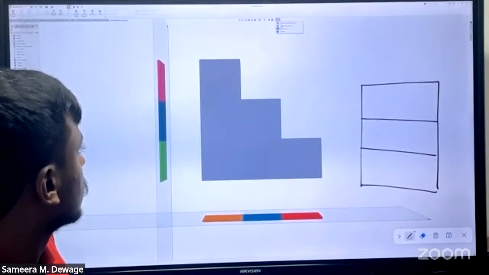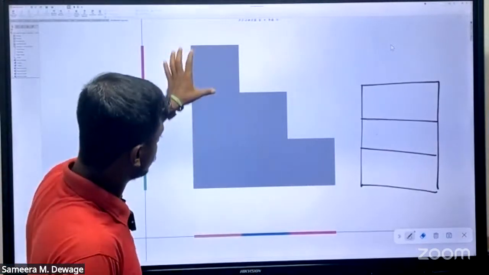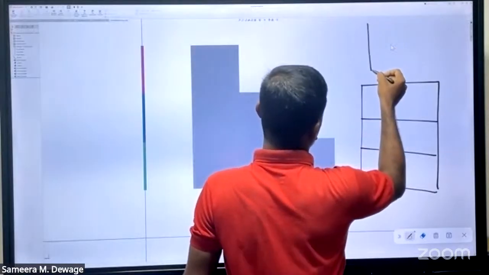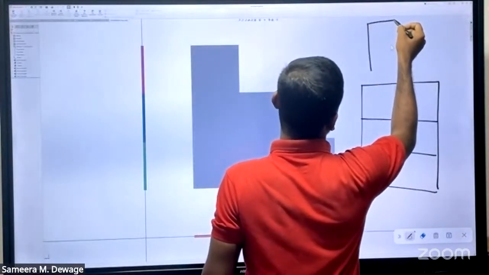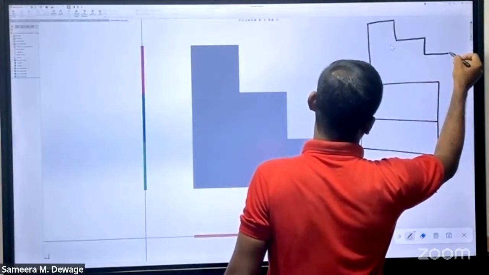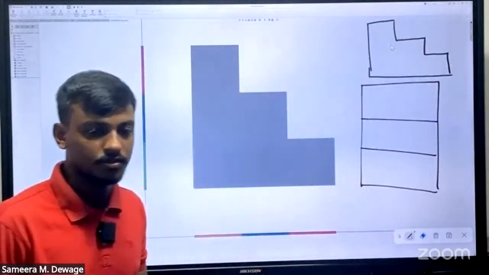Right. Okay. You can observe this kind of shape. If you look at the object perpendicularly from the left side, you can get this kind of image.